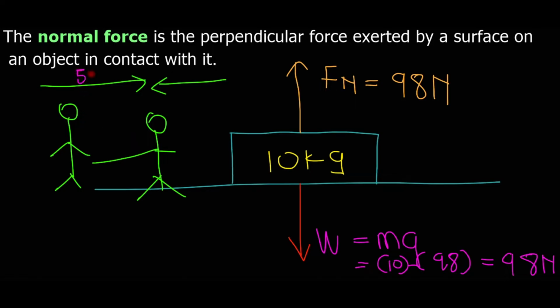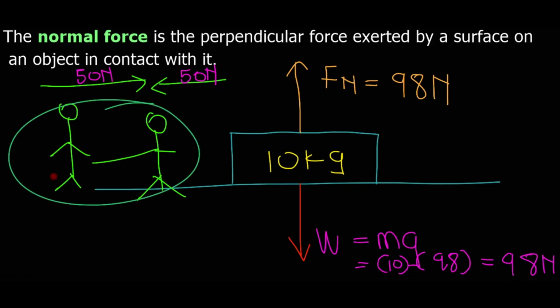This person applies a force of 50 newtons, and this one also applies a force of 50 newtons. These people will remain in the same place, this one on the left and this one on the right, because the forces are balanced. So the horizontal forces are balanced.